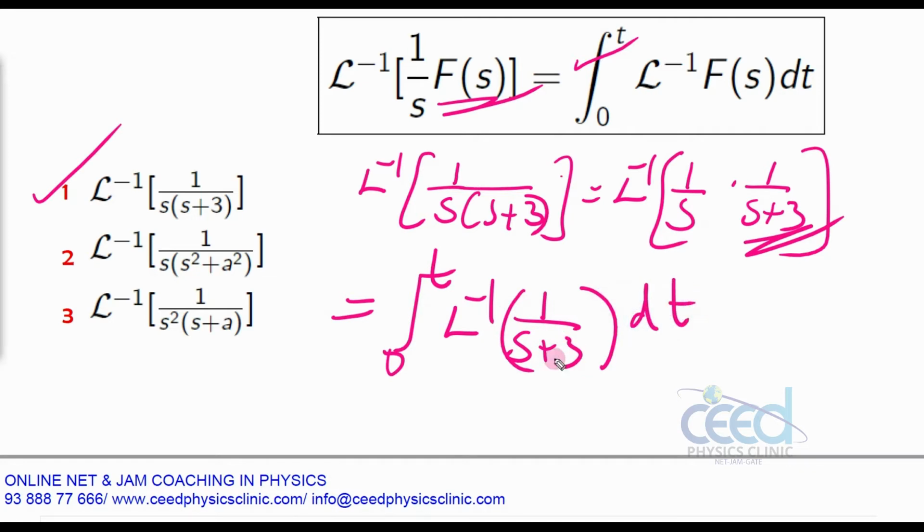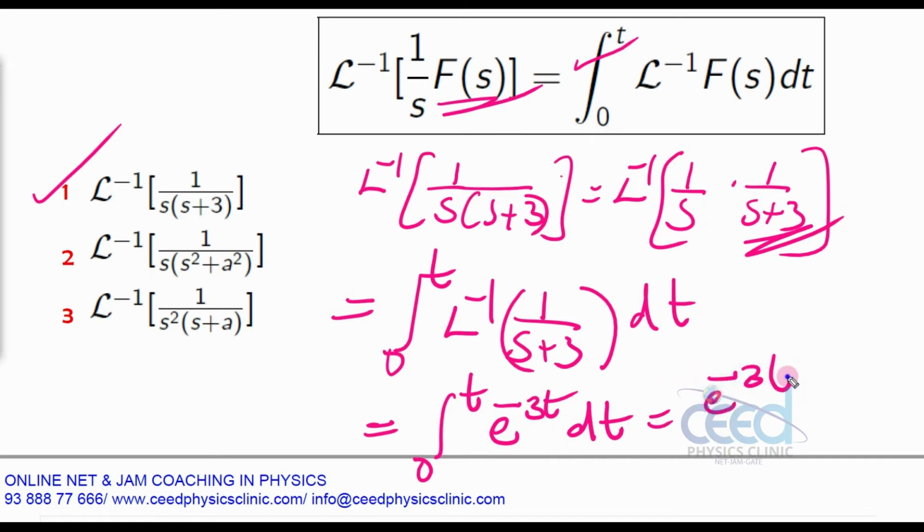Now what is Laplace inverse of 1 by s plus 3? That we already know: Laplace inverse of 1 by s is 1, but there is a plus 3 added to the s, so you have to multiply by e raised to minus 3t. The integral from 0 to t of e raised to minus 3t dt gives e raised to minus 3t divided by minus 3, with limits 0 to t.